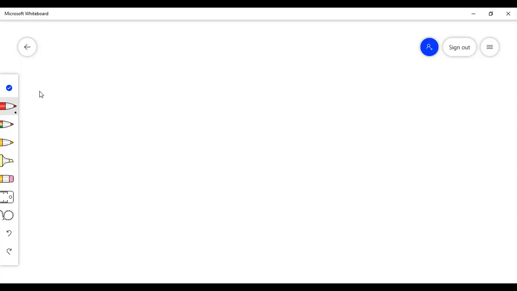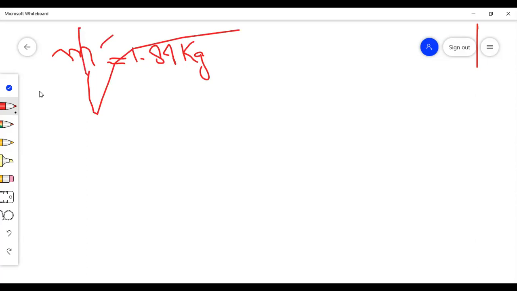A 1.84 kg school bag hangs in the middle. Let me write. First of all, the mass of the bag is given, so that's why I am writing: the mass is 1.84 kg. The second thing, what was the second thing?